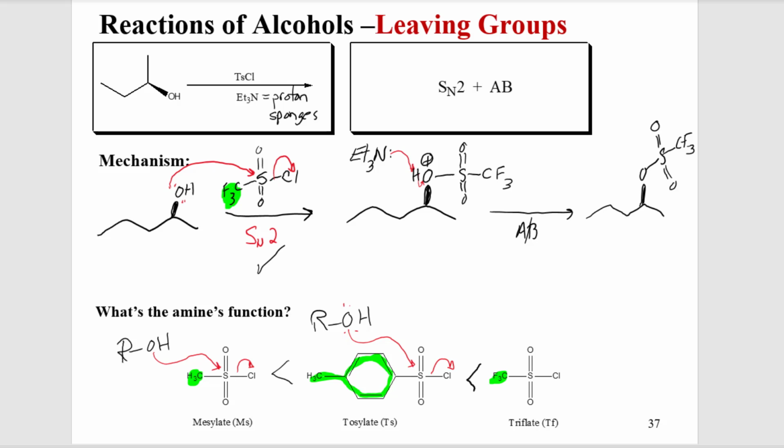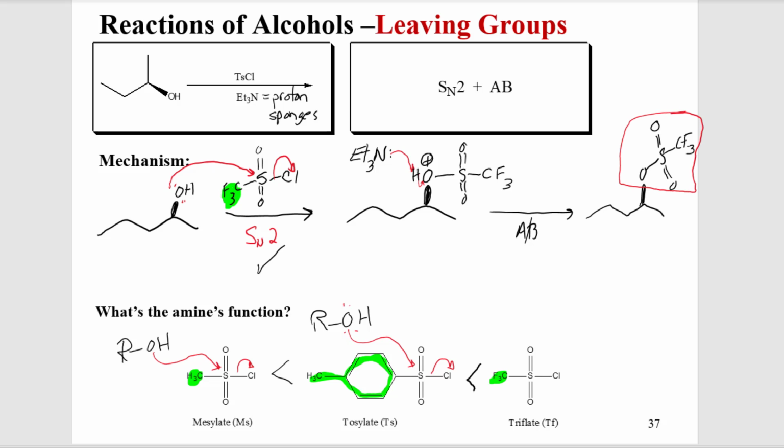We just did the triflate above. So it's an SN2, and then the proton sponge amine comes in and just plucks off the extra proton. And voila, you're done.